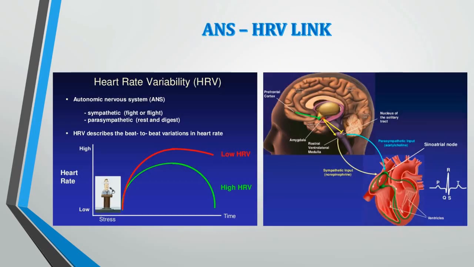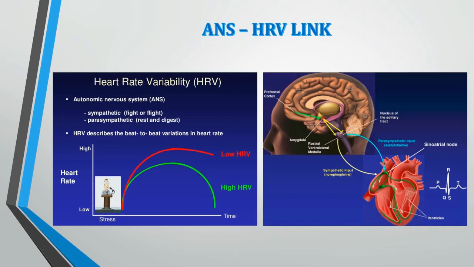Let's explain more in depth the link between the autonomic nervous system and the heart rate variability, or HRV for short. So the autonomic nervous system consists of the sympathetic, the fight or flight reaction, and the parasympathetic, the rest and digest reaction, and they work together antagonistically. And the heart rate variability describes the beat-to-beat variations in your heart rate.